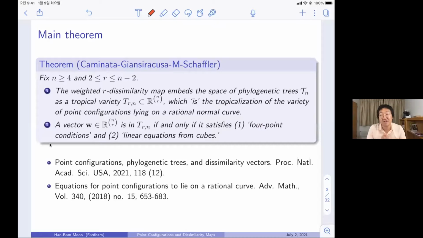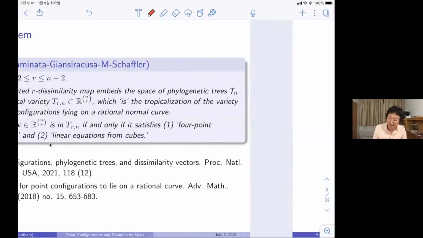This topic is related to a lot of different topics, including combinatorics, computational biology, and tropical geometry, and even classical algebraic geometry dating back to the 1920s. It is based on the results in two papers, so you can find them if you're interested.